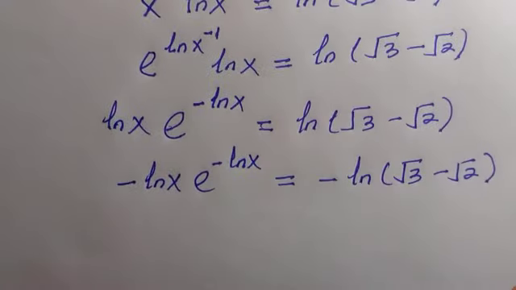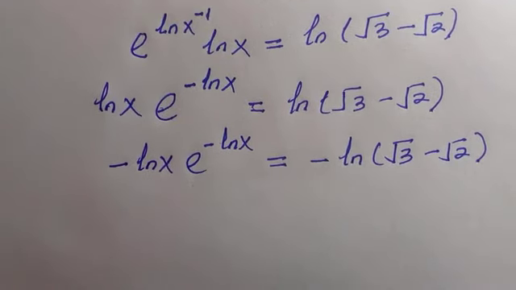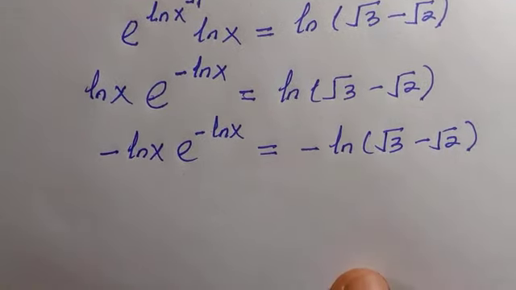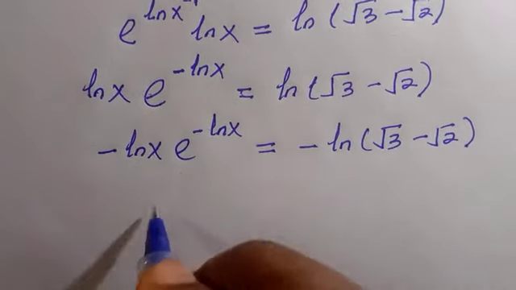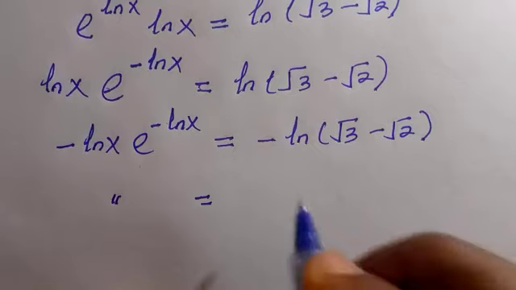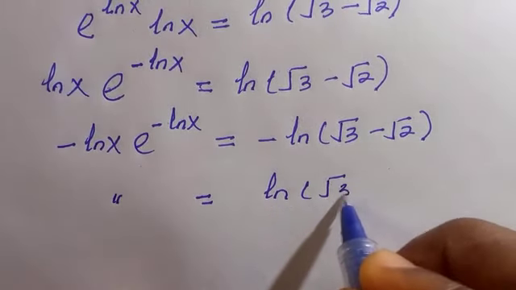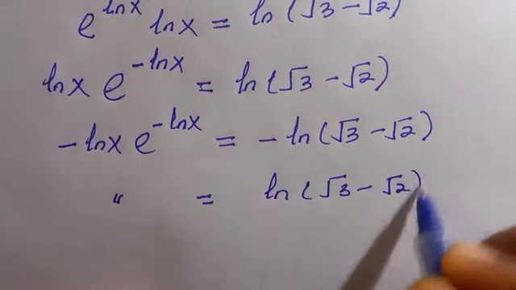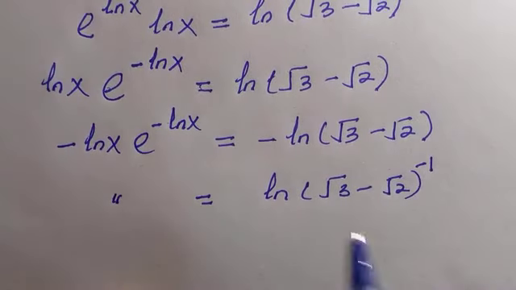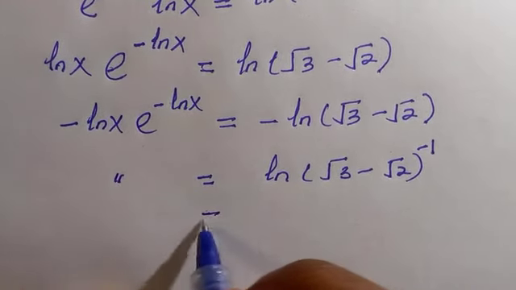So for this right hand side, which is minus ln of root 3 minus root 2, I want to do something there. If you take this negative to the top, we have ln of (root 3 minus root 2) raised to the power minus 1, which is just 1 over root 3 minus root 2.